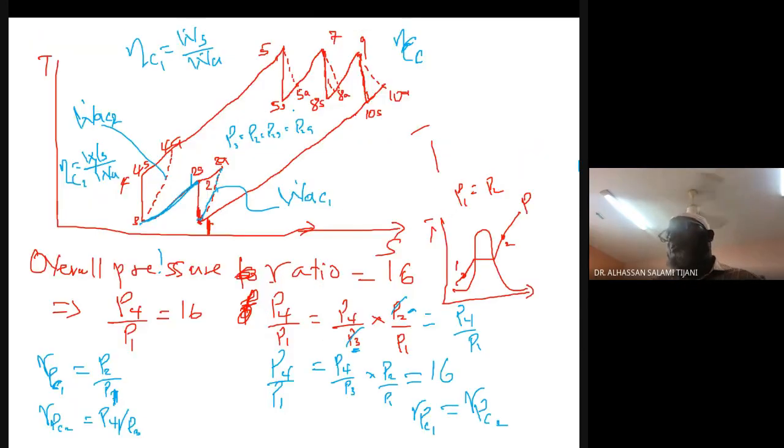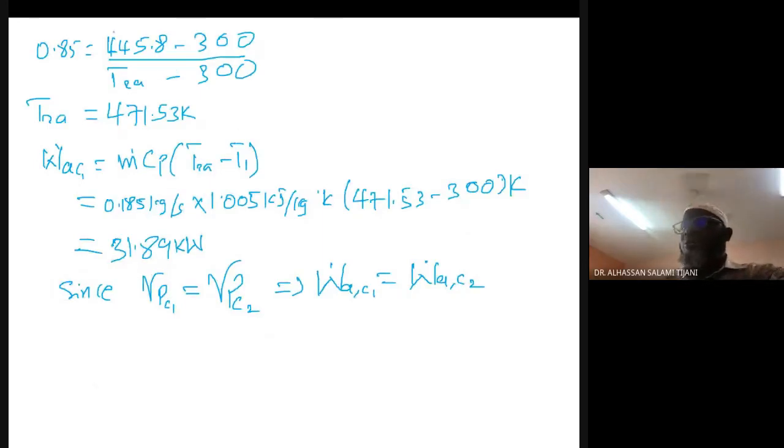So W compressor total equals WA compressor number 1 plus WA compressor number 2. So this gives us 2 times 31.89.